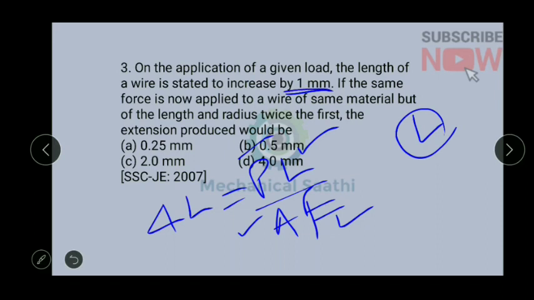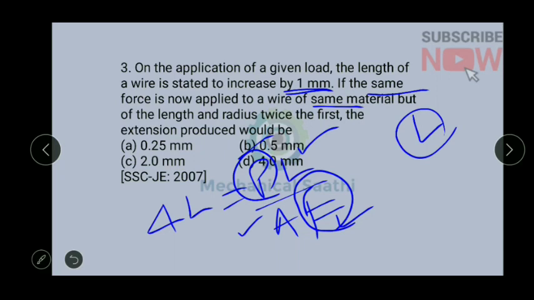In the next case it says the same force, meaning P is not changing. P remains constant, and the material is the same, so E, the Young's modulus of elasticity, which is a material property, is also not changing.